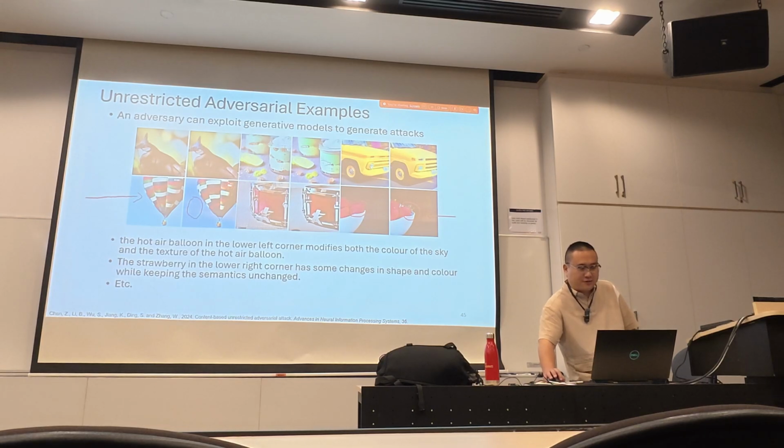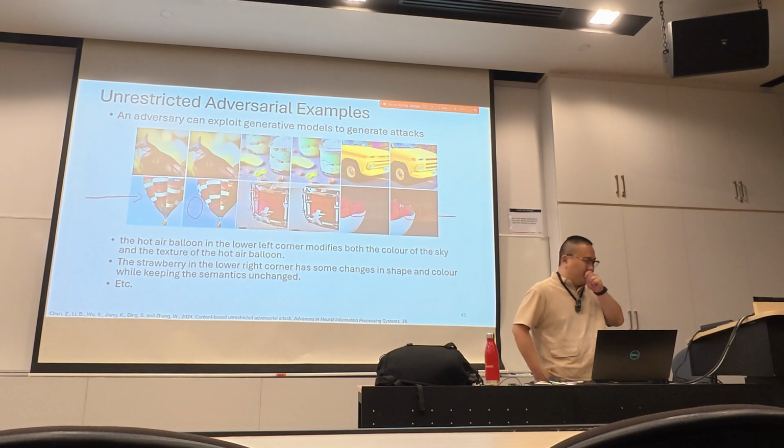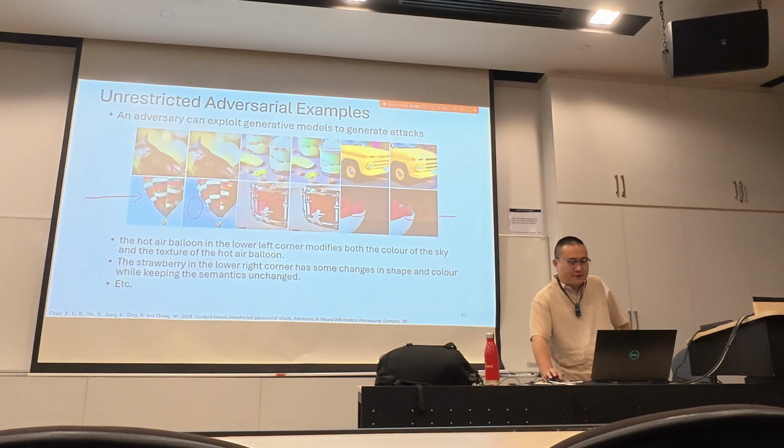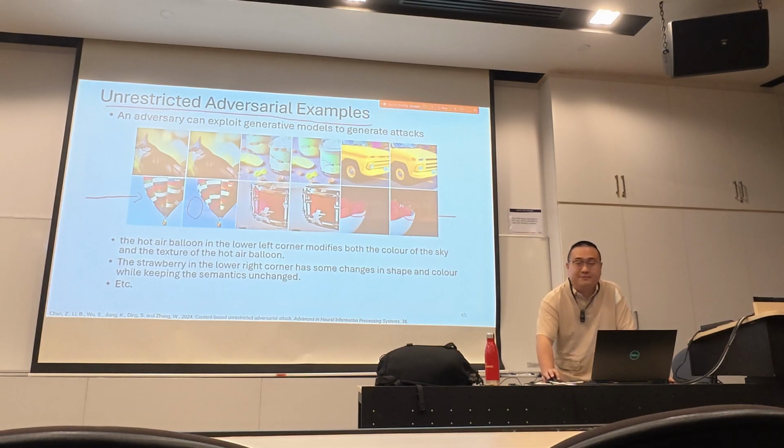Although when you calculate the Lp norm, for example the infinity norm, it will be very big, to humans they are very reasonable. These are called unrestricted adversarial examples.